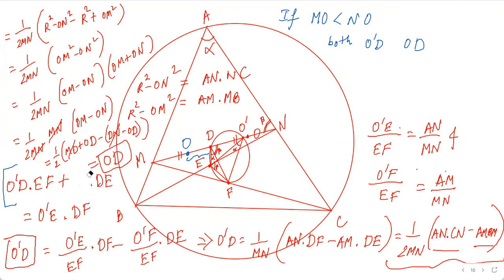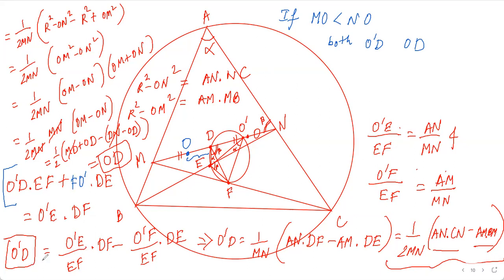So this will be FO' times DE, and that is equal to O'E times DF. O'E is also in the anti-clockwise direction, going from O' to E, then D to F, which is also anti-clockwise.